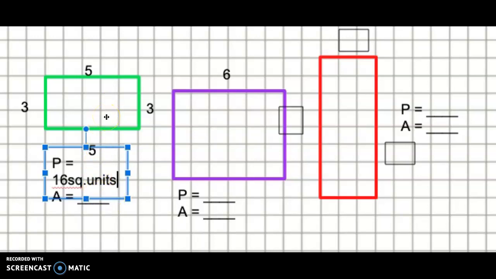Now the area is the inside. So you could count each of these boxes if you really wanted to, or you could remember that we do the length times the width. 3 rows of 5 is 3 times 5, which is 15 square units.